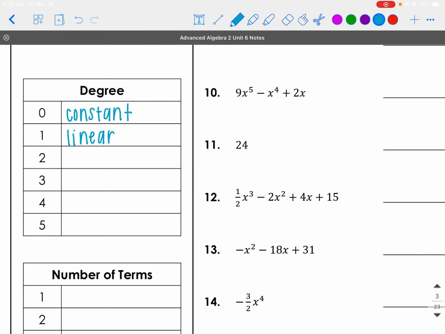If the degree is 2, that's a quadratic. We just spent an entire unit learning about quadratics. If the degree is 3, that would be a cubic polynomial. 4, quartic. And the degree of 5, quintic. After that, you probably won't see very many examples.